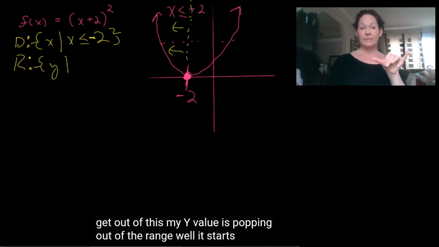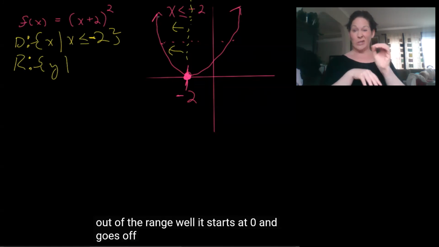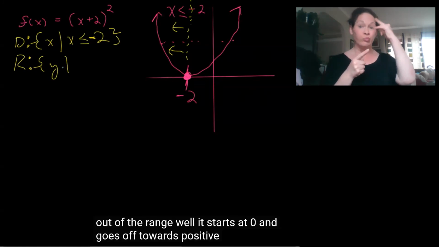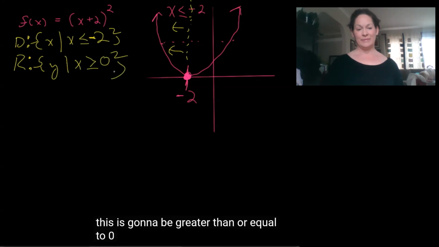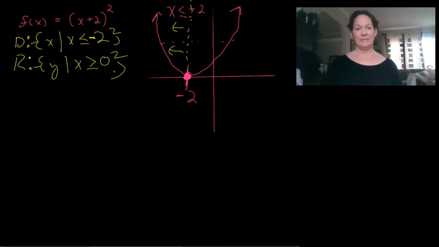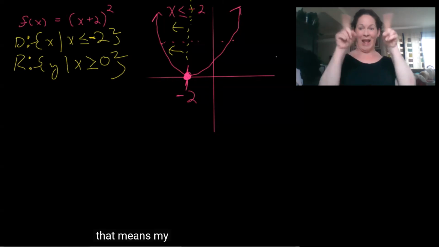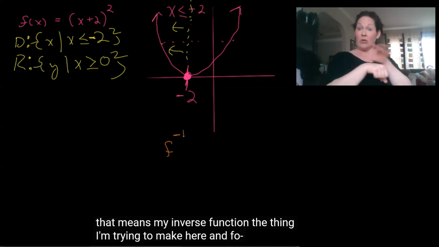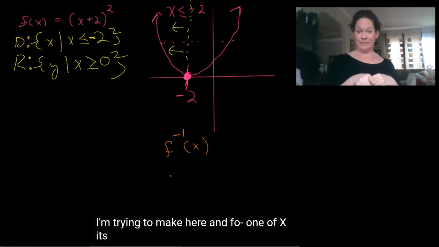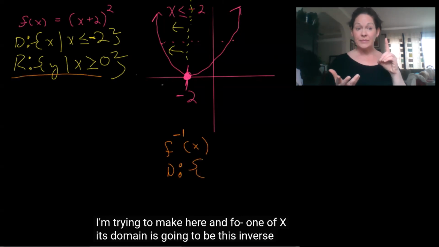Well, it starts at 0 and goes off towards positive infinity. So y is going to be greater than or equal to 0. That means my inverse function, the thing I'm trying to make here, f inverse of x, its domain is going to be this inverse.